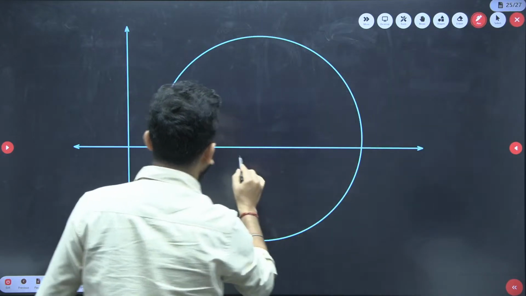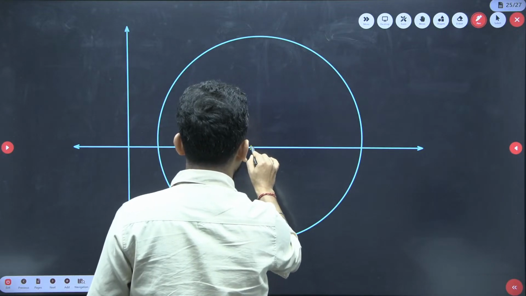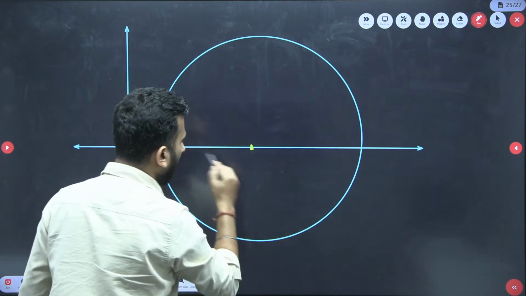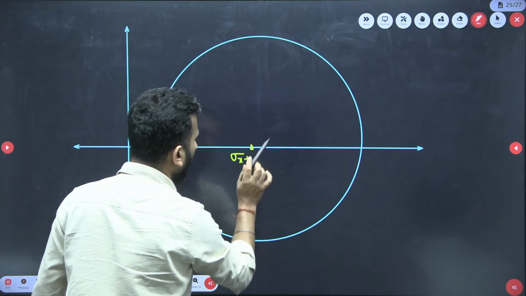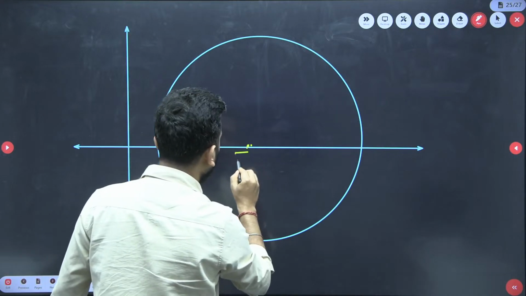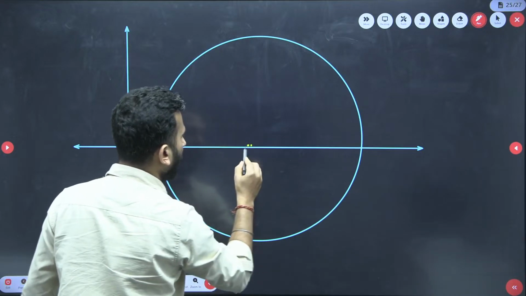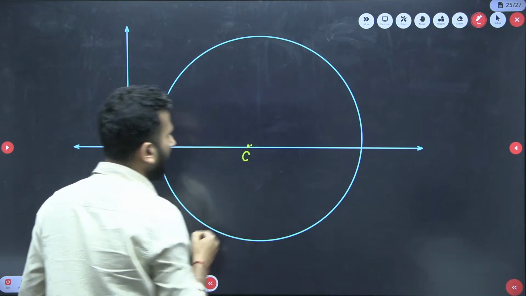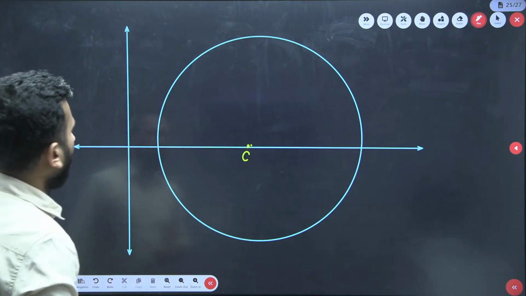Now my dear friends, let's say this is the center of the circle. So the center was coming out to be sigma average, so I should write only C, that is the center, and the radius is also there.